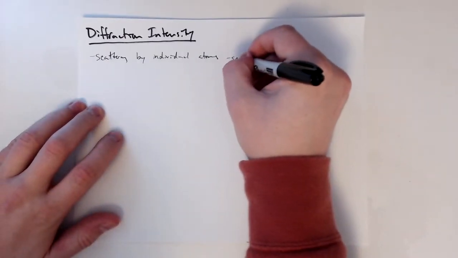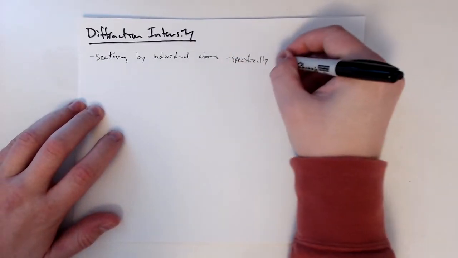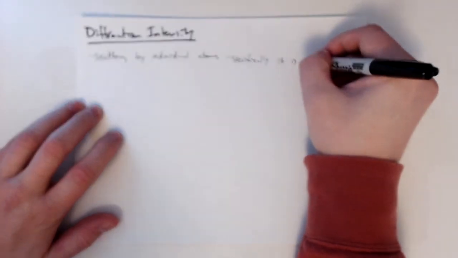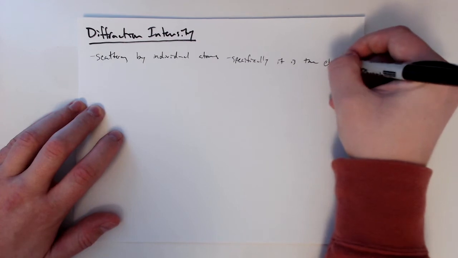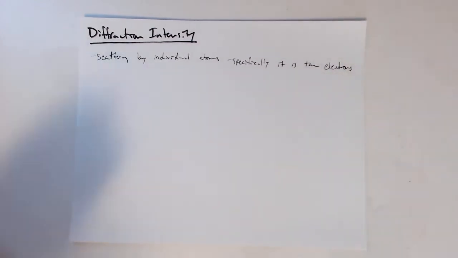And specifically, it's by the electrons. So it's not actually the nucleus, which is the largest part. It's actually by the electrons, and that's an important thing that we need to know.